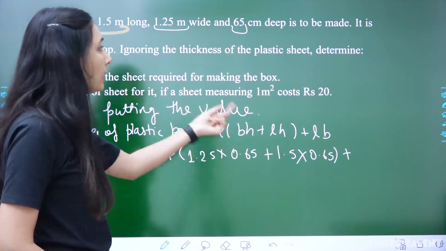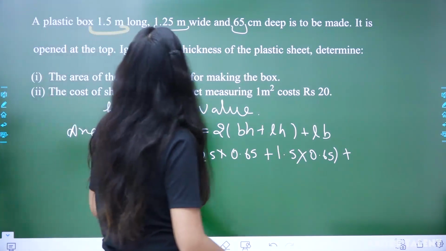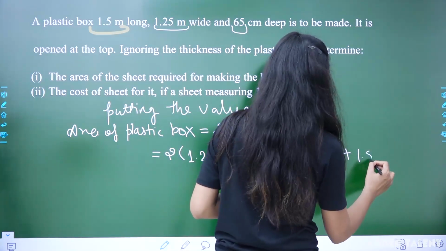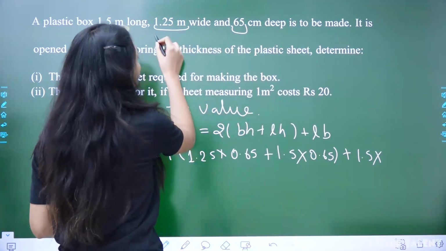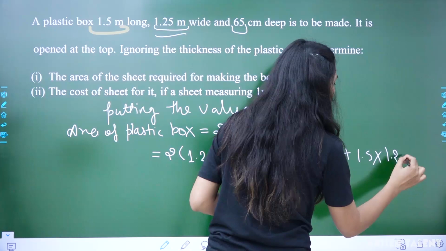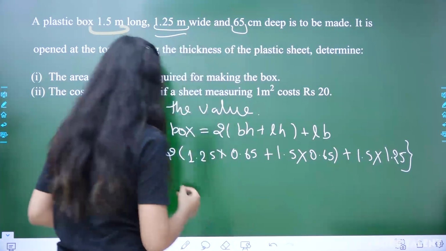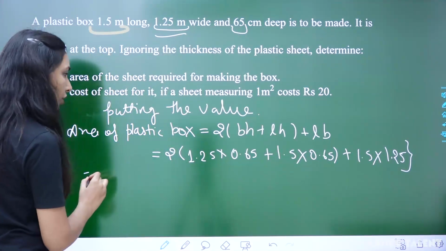See it again. Okay, the length is again 1.5 meters and the width is 1.25. Now you have to solve this. Okay, solve it.